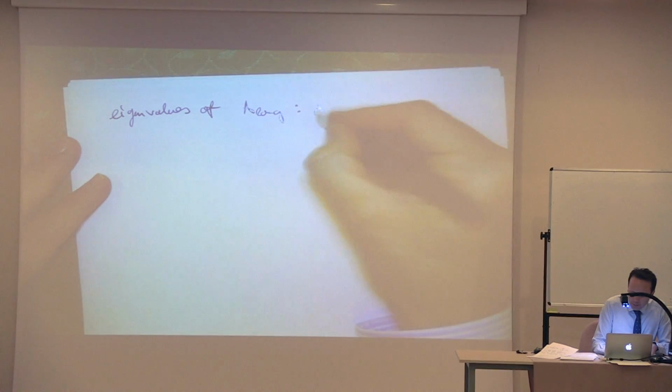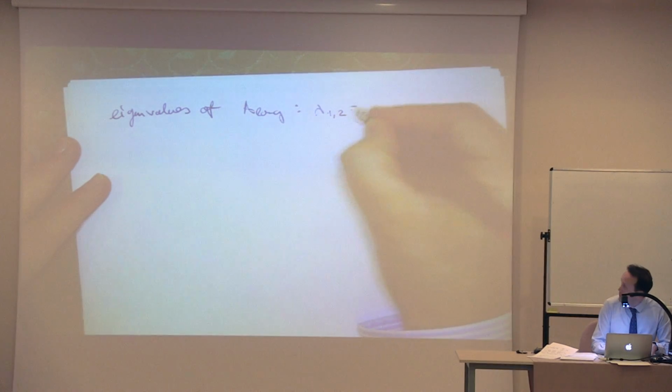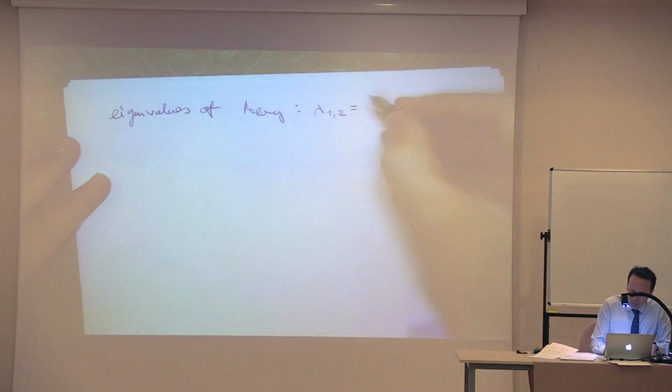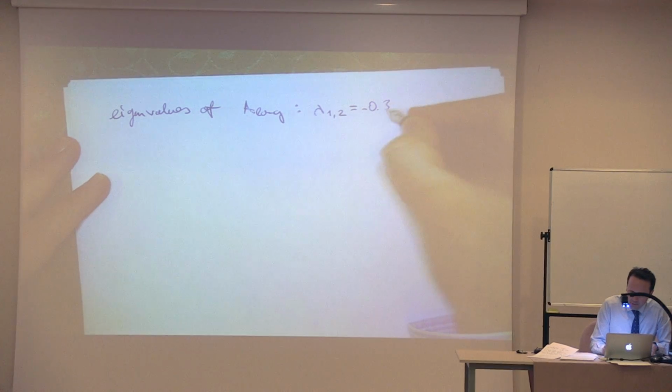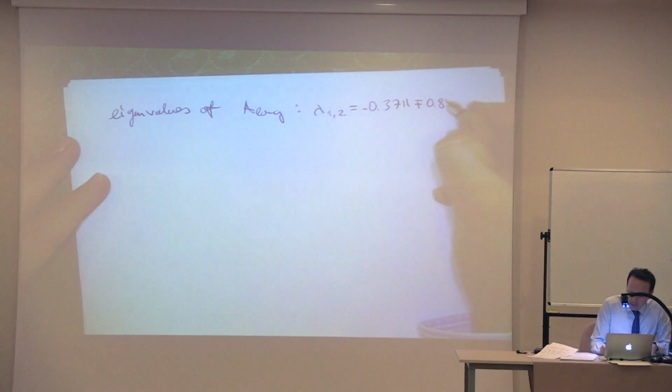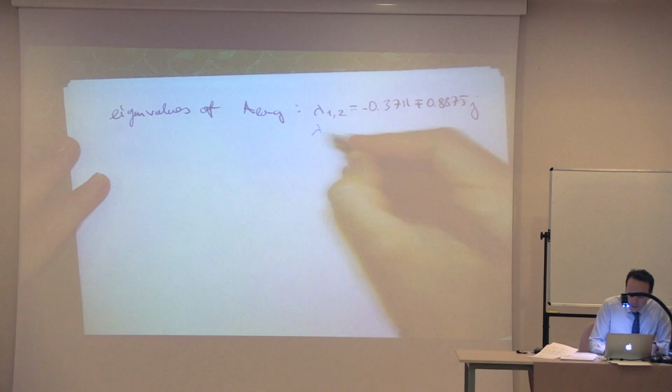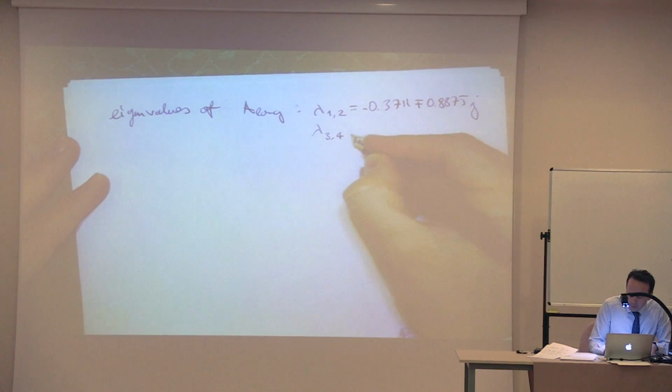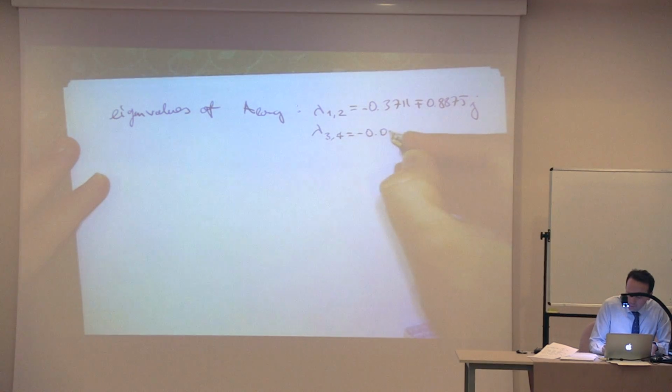First of all, we had lambda 1 and lambda 2, a complex conjugate pair of eigenvalues, minus 0.3711 plus minus 0.8875 j, or i, and another pair of eigenvalues that look like this, 0.072 j.